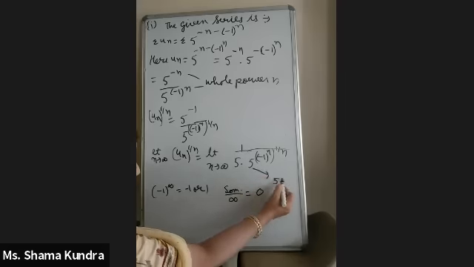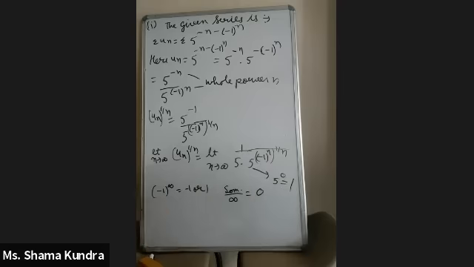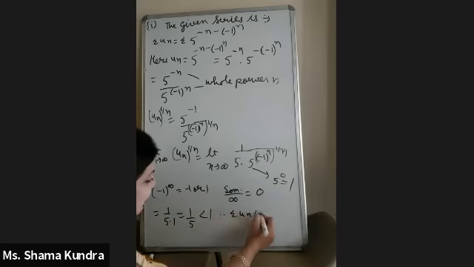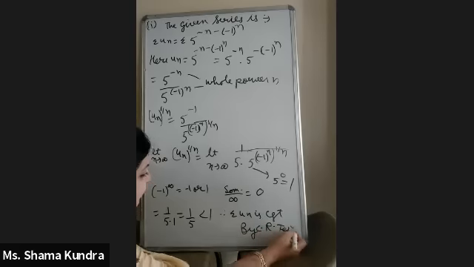So it is 5 raised to power 0. Anything raised to power 0 is 1. 5 into 1 is 5. 1 by 5 is less than 1. Therefore, the series is convergent by Cauchy's root test.